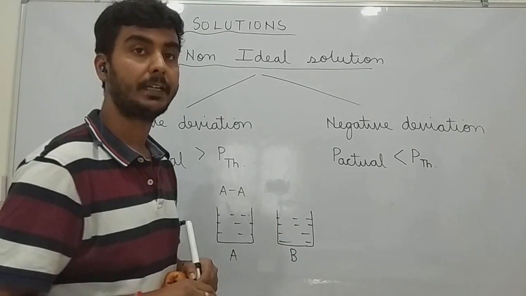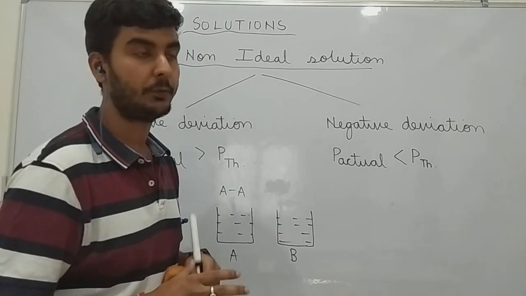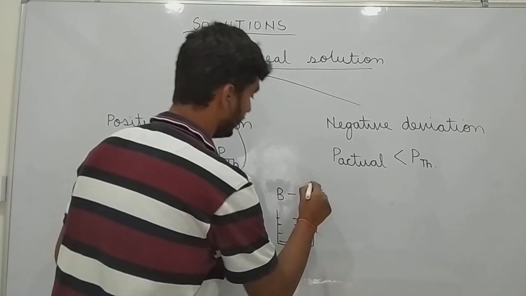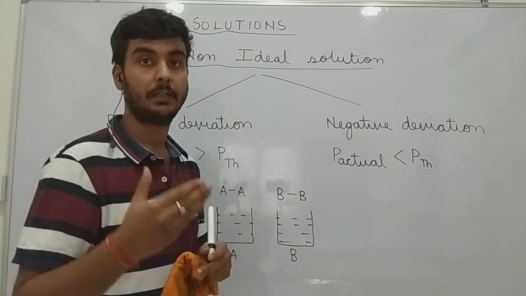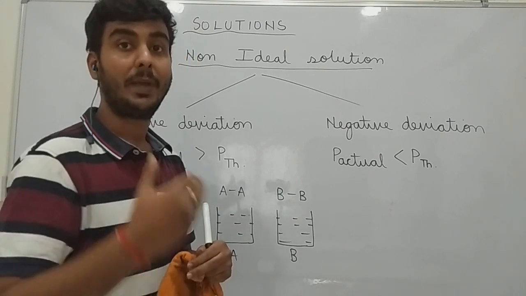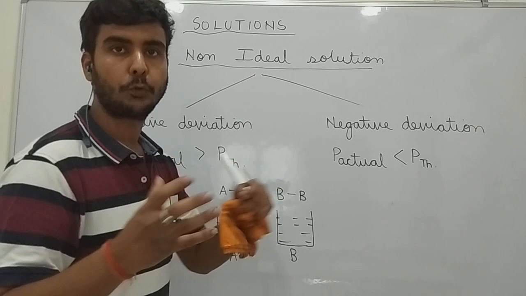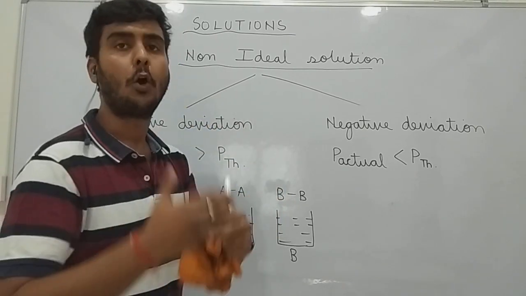Similarly, the second container contains liquid B, so there will be molecules of liquid B. Similarly, BB represents the force of attraction between the molecules of liquid B. Now, when you heat them, these molecules overcome the force of attraction between them and escape into the gaseous phase or form vapor.